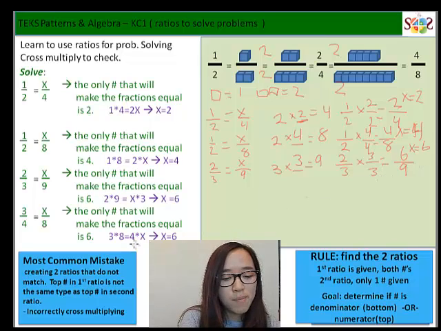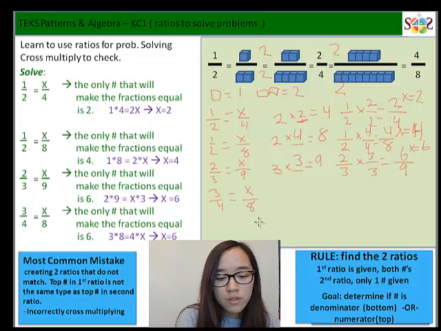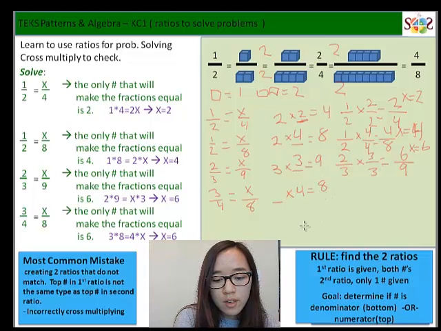Now for our last example, we have 3/4 equals x over 8. So we need to find what number times 4 equals 8. And that number is 2. So that means that we have a factor of 2.